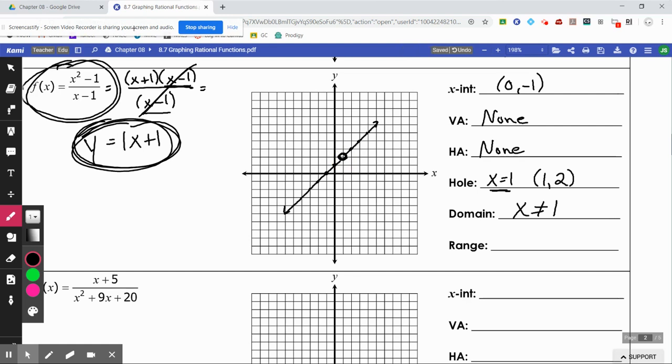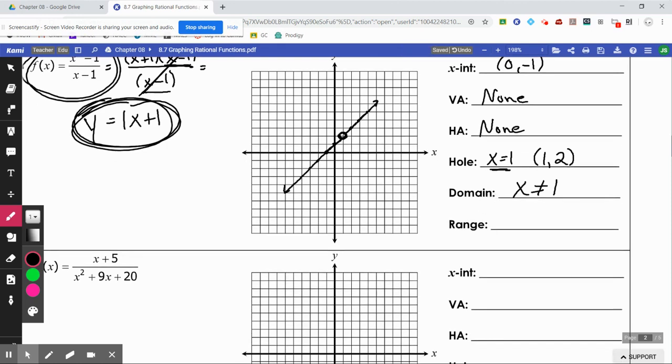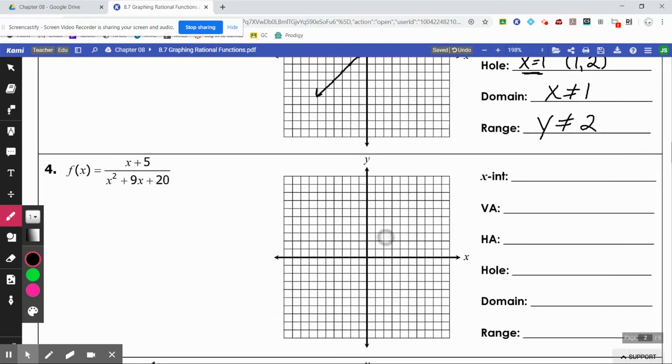What is a hole? Your graph comes here, it jumps over, and then it keeps going. Okay, and that's your graph. So for your range, you will have one range restriction, and that range restriction is going to be located at the hole. y will never have a value of 2 because that's where that hole is located on the y-axis.